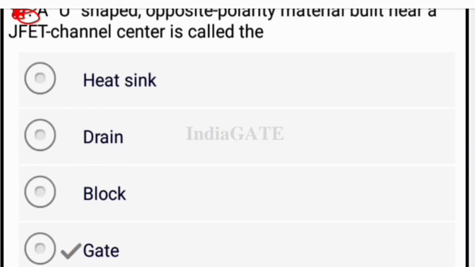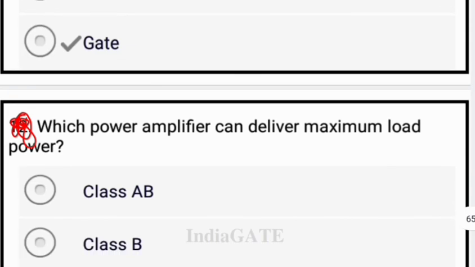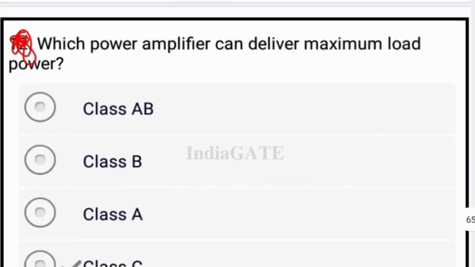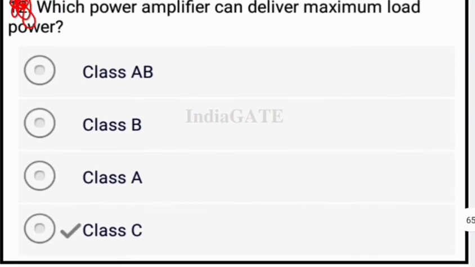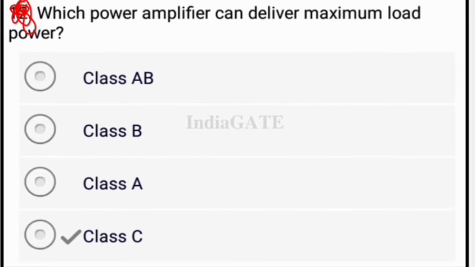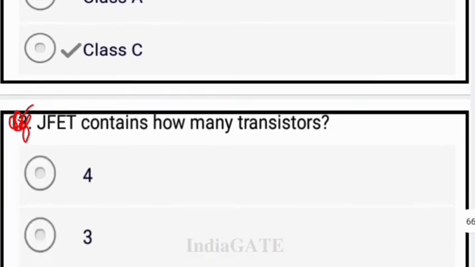Here next question is defined as: which power amplifier can deliver maximum load power. So there are 4 options, option A, B, C and D, and the correct answer is your option D. Means C type of power amplifier can drive the maximum load. Now come to the next question.